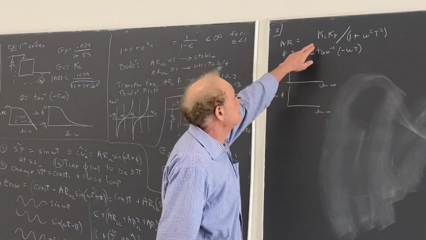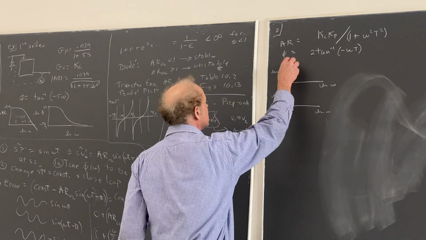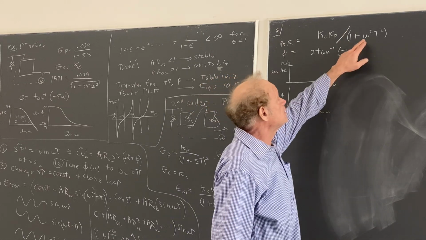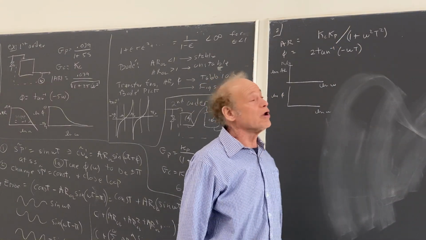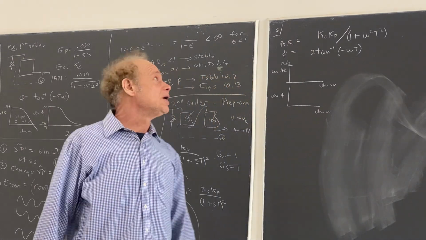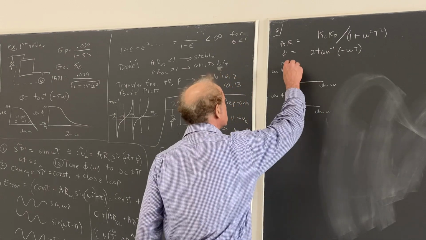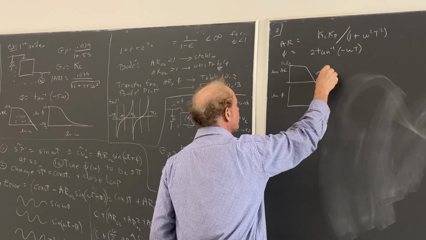So here, again, when omega is 0, this just starts out as KC KP. And as omega gets big, I can drop the 1, and I just have 1 over omega squared tau squared. I take the log of both sides, and I have a minus 2 log omega. So this thing looks like it has a slope of minus 2.